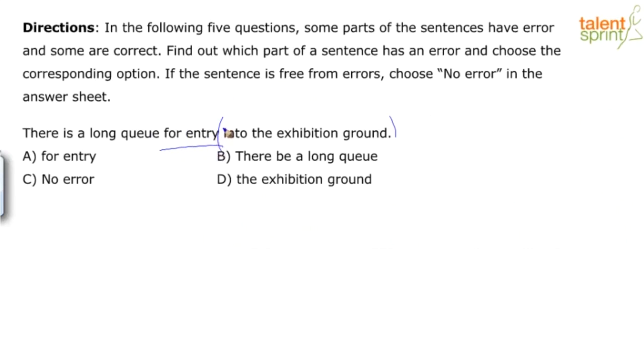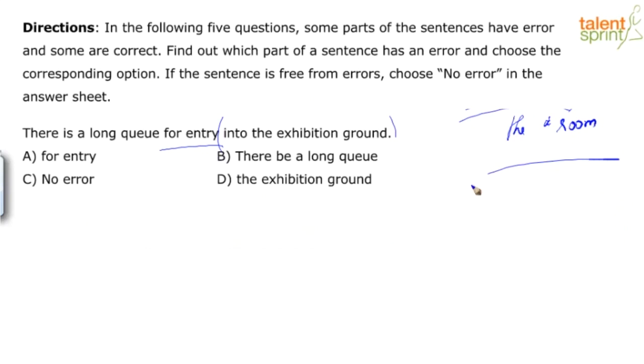In the context, yes, what you're trying to get confused is, if I say, I entered into the room, right? In this context, into is redundant. I don't need it, right? Because I entered itself means I entered the room.